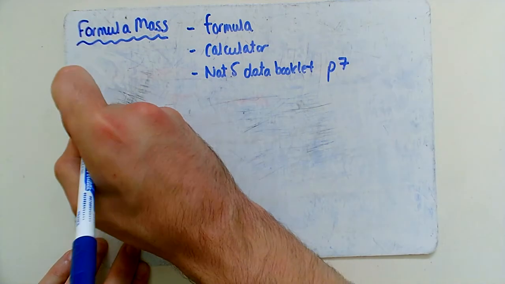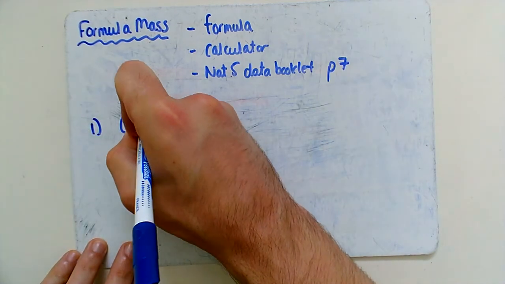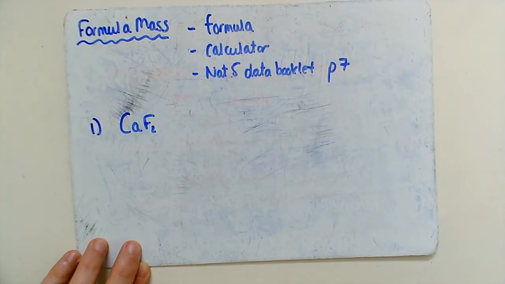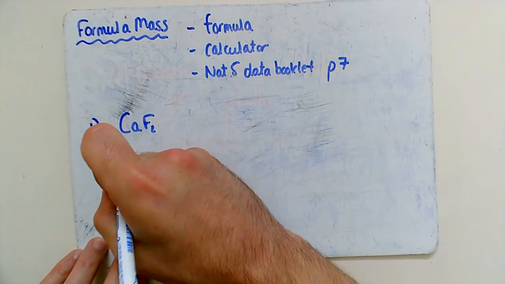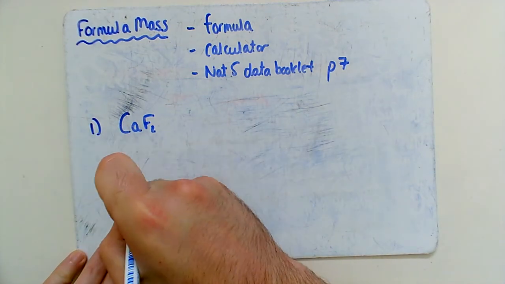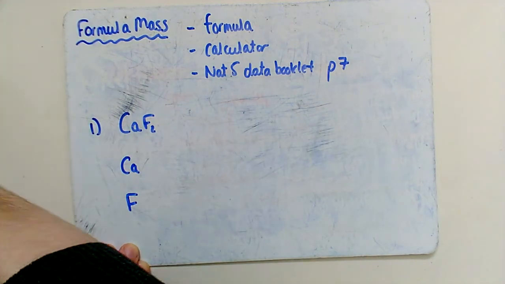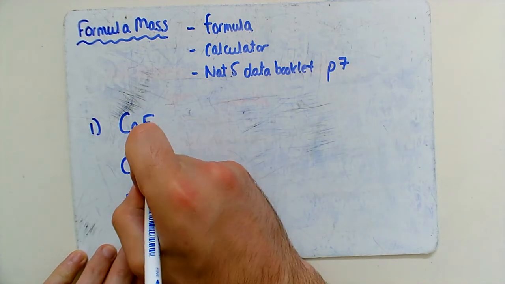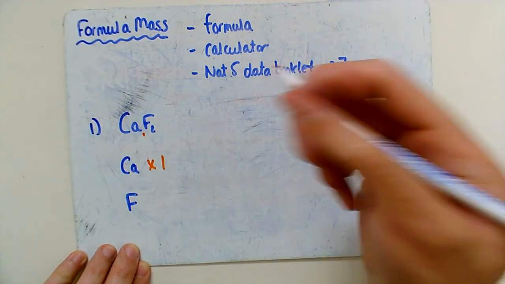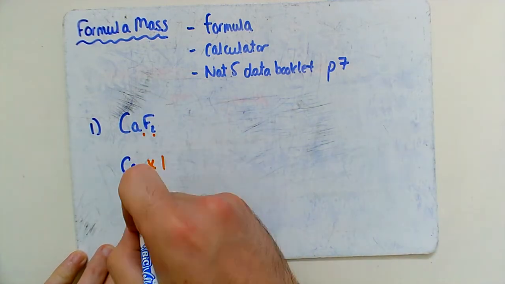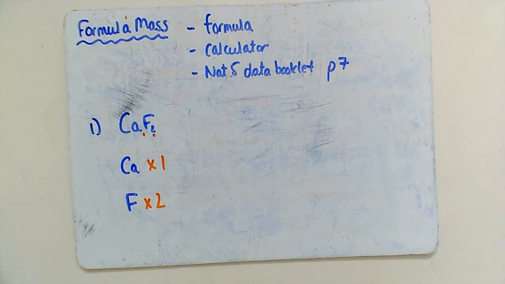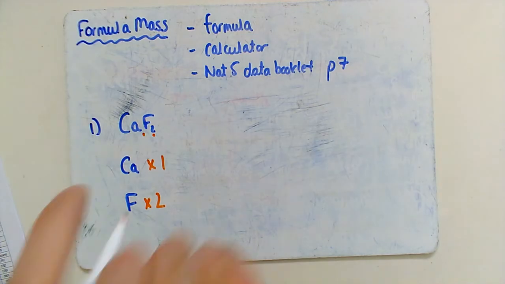So we're going to start with calcium fluoride again. We know that we have calcium and we know we've got fluorine. From here, we know that there's 1 of those. From here, we know that there are 2 of them. So we've got 1 calcium and 2 fluorines.